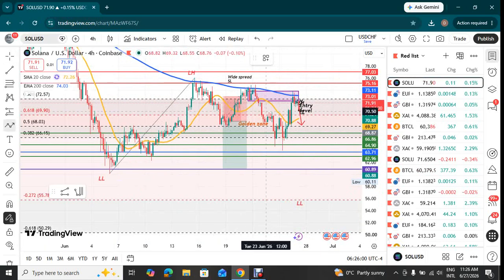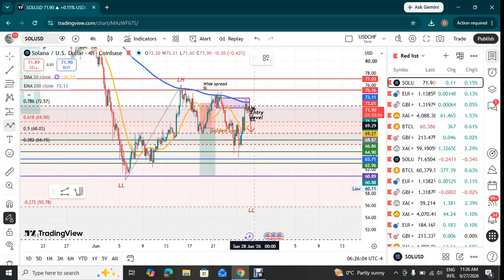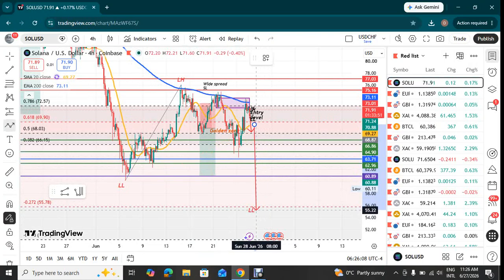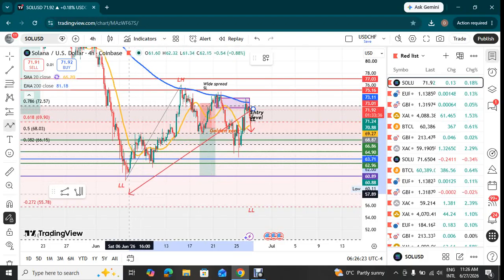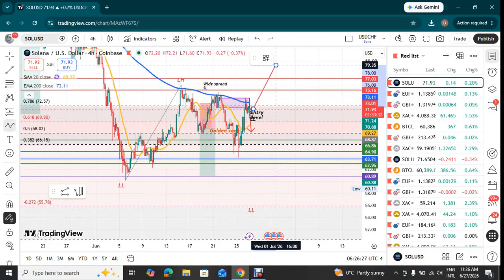We want to see either price come down further, cross this previous lower low, give us a new lower low here, and price needs to come out and give us a new lower high. Or we could see price just shoot up, cross the previous lower high here, and because this lower high did not give us a new lower low down here, we would expect a new lower high at this level.